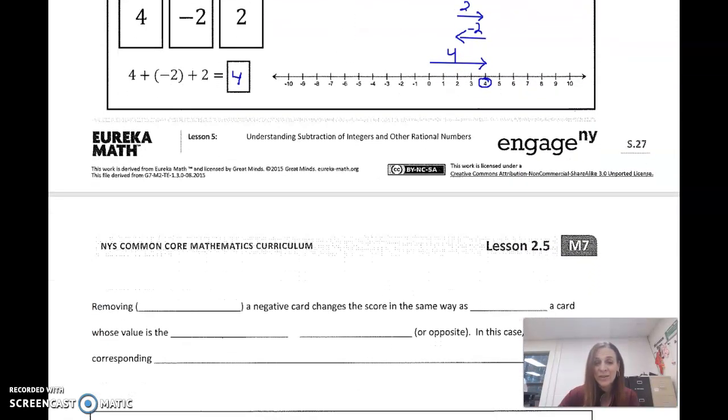So, guess what? We're going to fill this out again. Removing or subtracting a negative card changes the score the same way as adding a card whose value is the additive inverse or opposite.